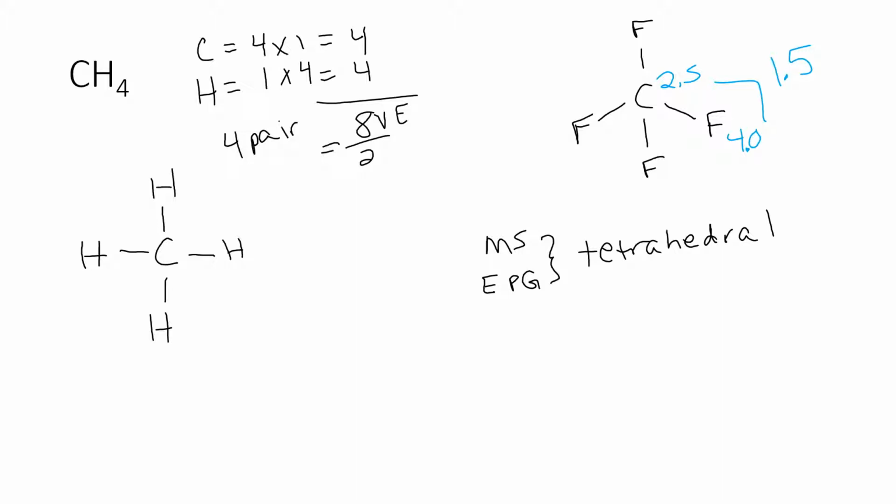That is very, very close to ionic. Remember, we said anything over 1.7 in electronegativity difference was considered ionic. So each carbon-fluorine bond is a very strong polar covalent bond.